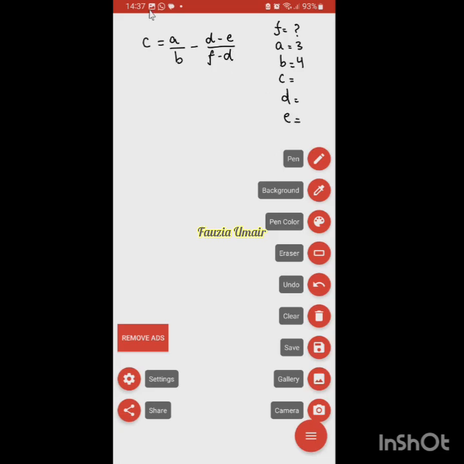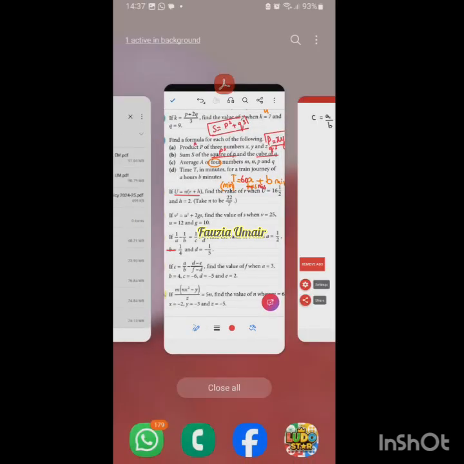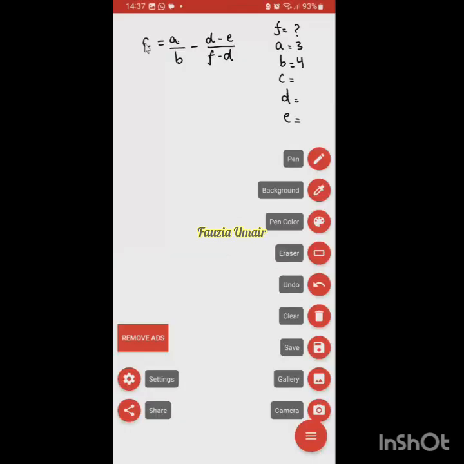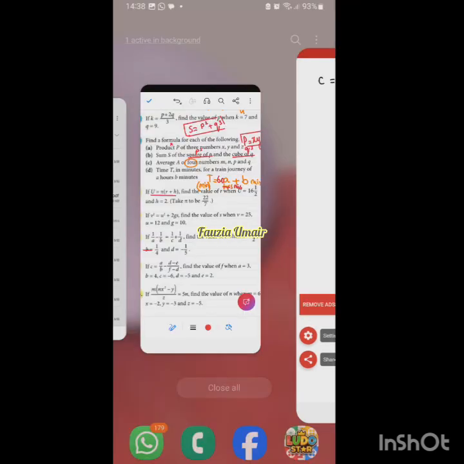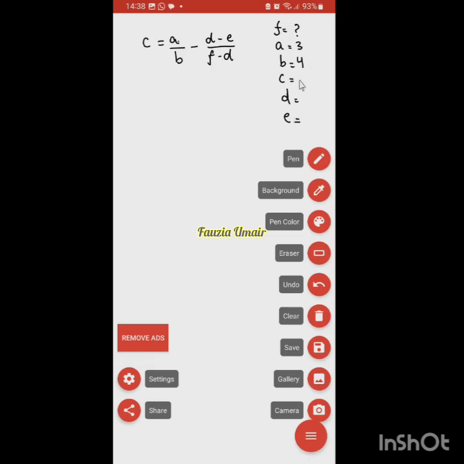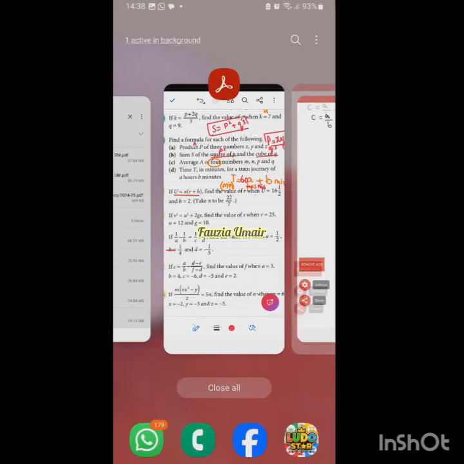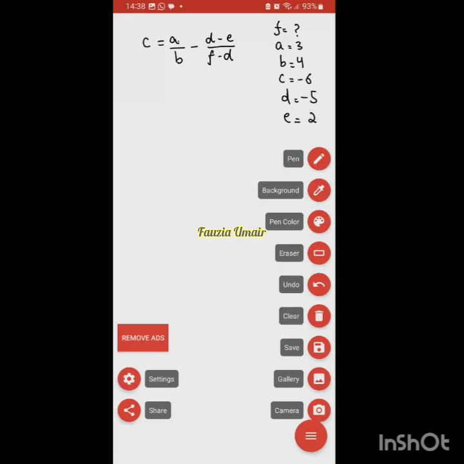E is also there. देखें ना? 1, 2, 3, 4, 5, 6 variables. Actually the C is the sixth one. ये D is repeating. So 1, 2, 3, 4, 5, 6 variables. Okay? C is minus 6, D is minus 5 and the value of E is 2. ये आपको values given हैं.